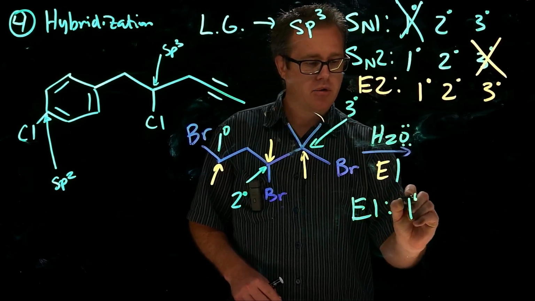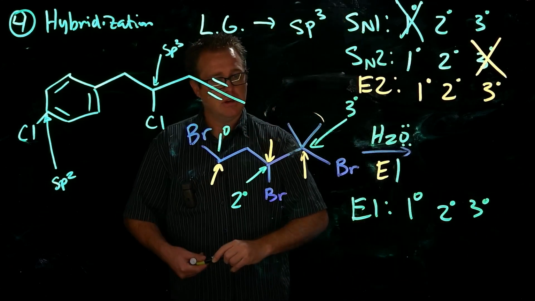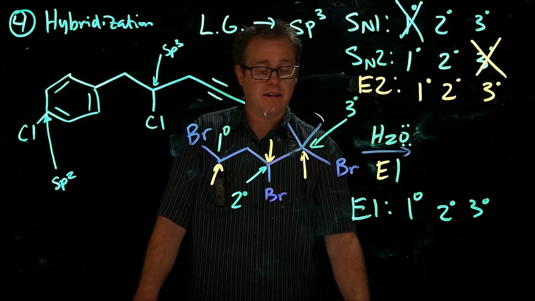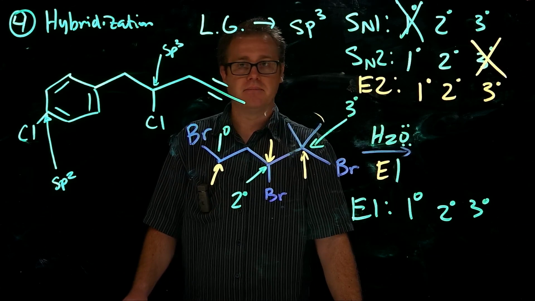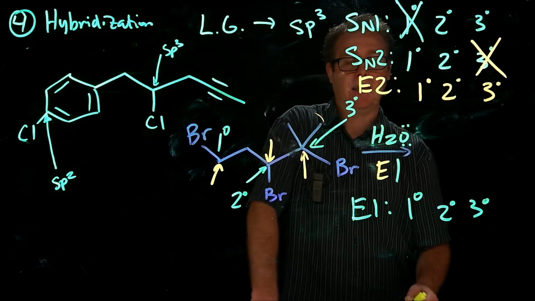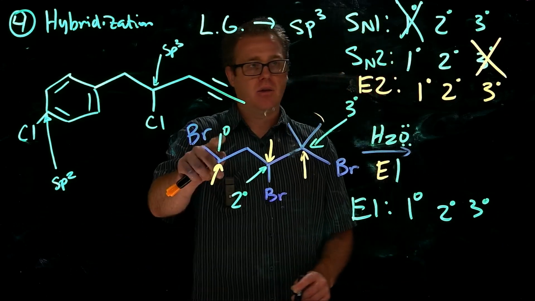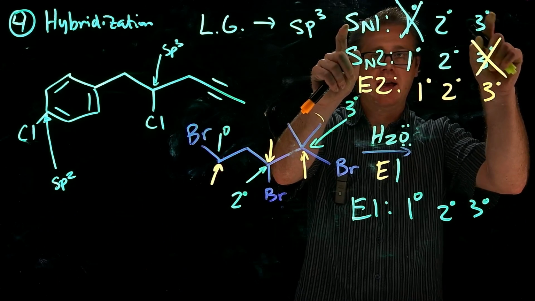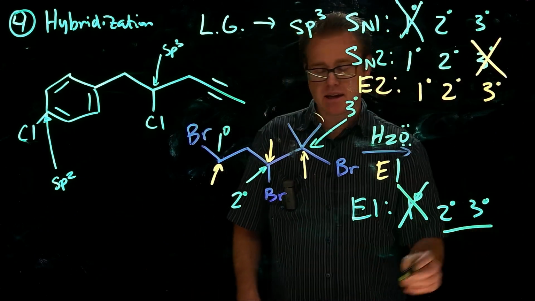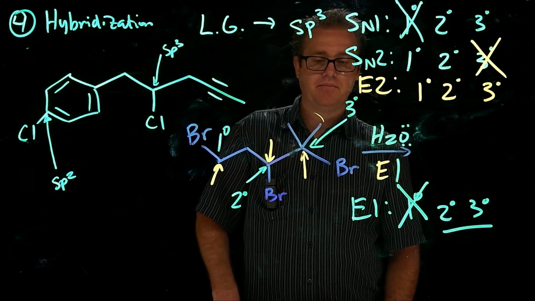Do all three alkyl halides work for an E1? No, it doesn't. Because what's the first step in an E1 mechanism? The leaving group has to leave. And so it follows the same trend as the SN1. Primary is off the table. Secondary and tertiary are. Those can work.